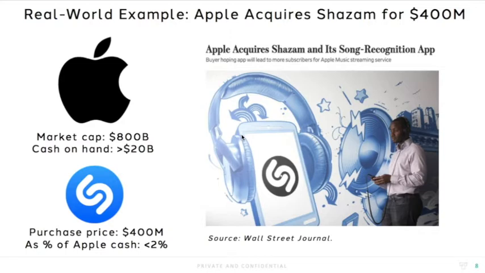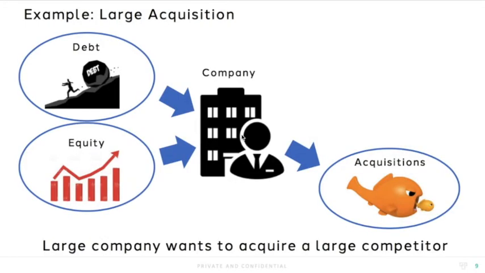Then there would have been another investment banker on the other side of the table representing Shazam, helping them through the sale process, maybe negotiating with other buyers that may have approached Shazam as well, and negotiating for as high of a purchase price to the Shazam shareholders as possible.